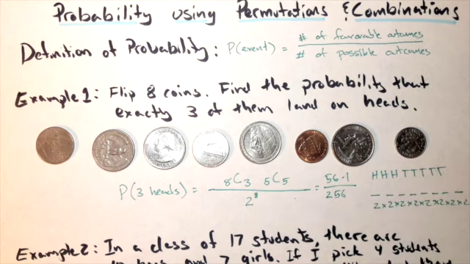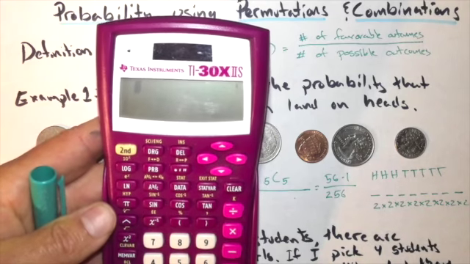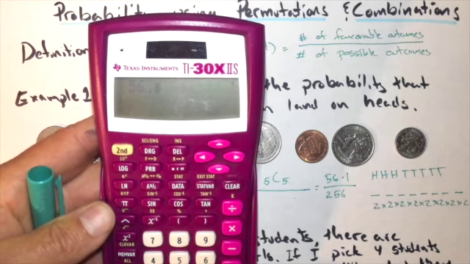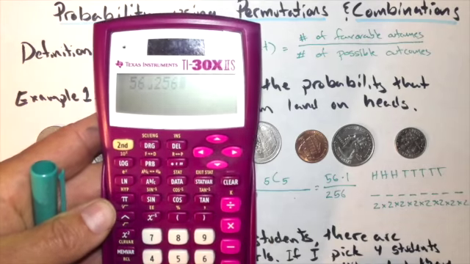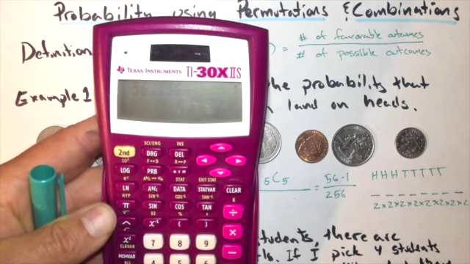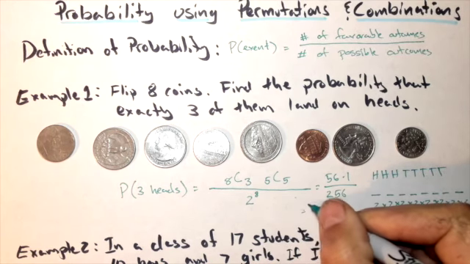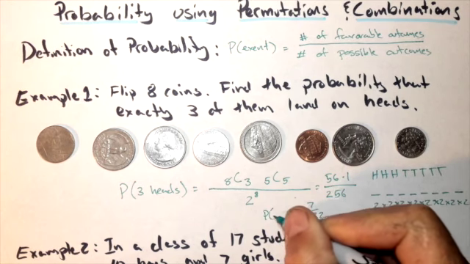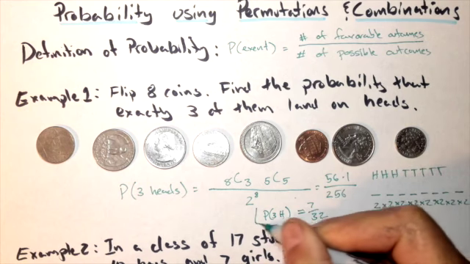Now on my calculator, I can get it to reduce this into a fraction. I'm going to do 56, and then the ABC key, and then 256. And that enters it in as a fraction. If I hit enter, it's going to be 7/32. So the probability that we get 3 heads is equal to 7/32.